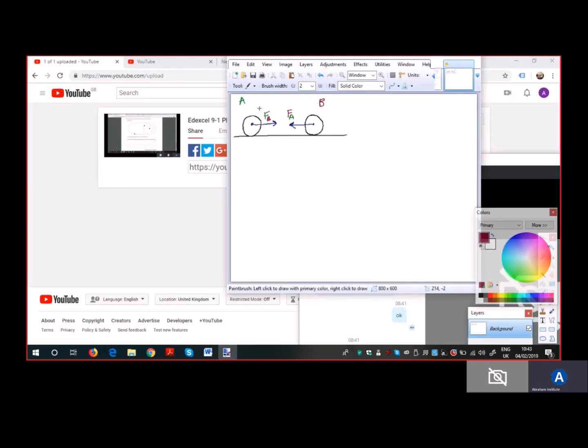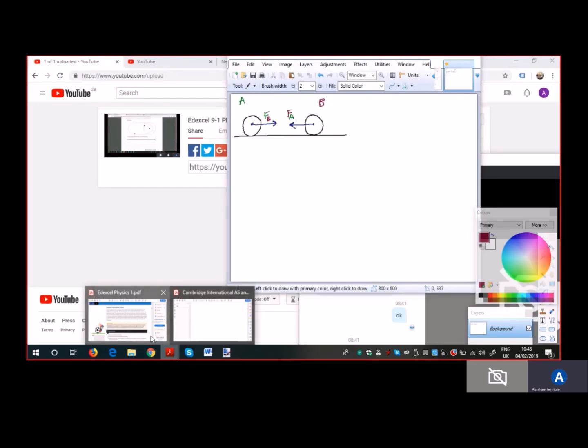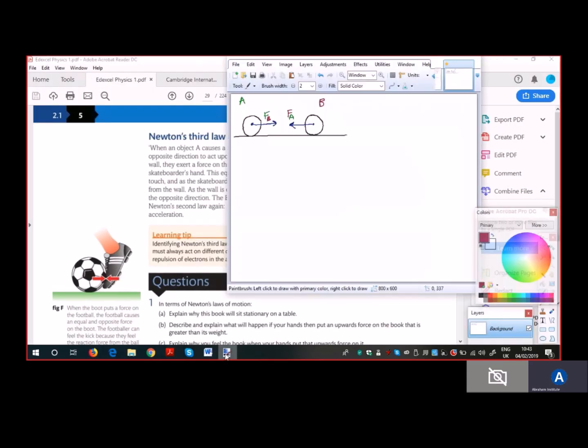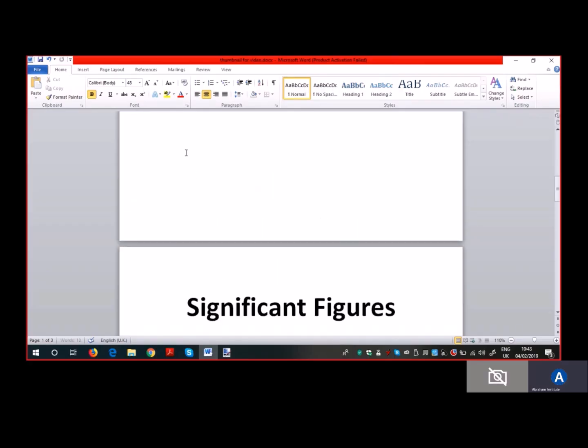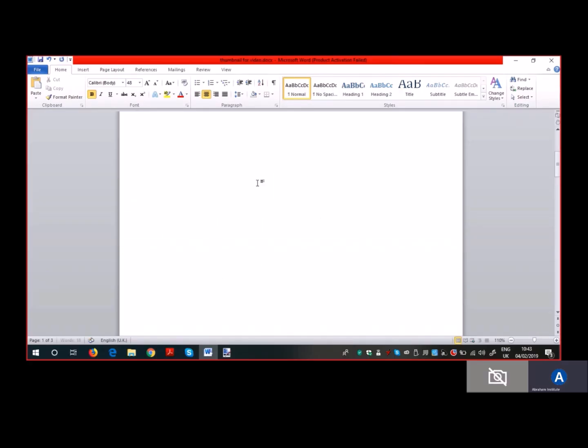The two forces have to be the same type. They have to act on different objects, and they should be the same size. I'll write it here. For a pair of forces to be Newton's third law pairs, there are about 6 criteria.